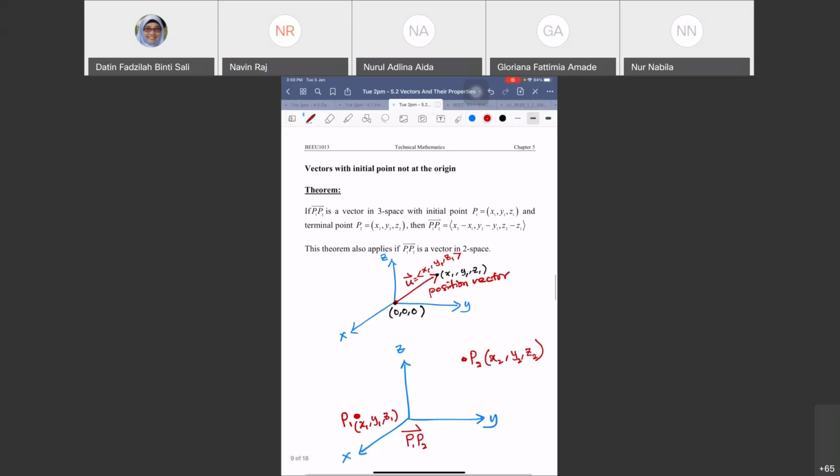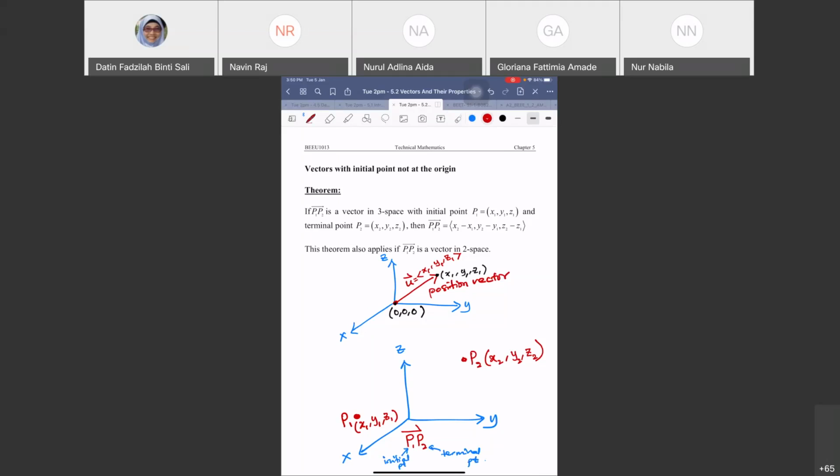If we write the vector like this, P1 here is the initial point, and P2 is the terminal point.